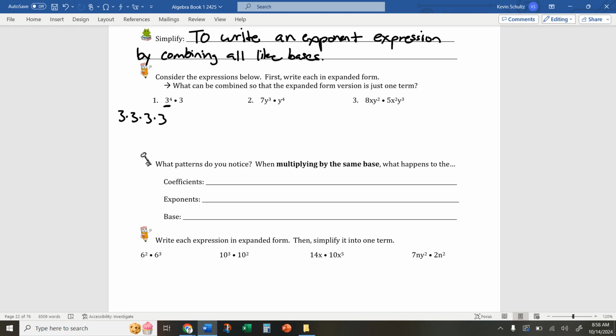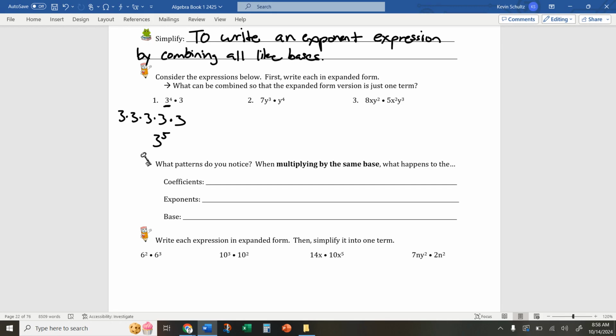And then, if we multiply that by the 3 that we have here, how can we rewrite that as one expression with one base and one power? Madden. 3 to the 5th power. Okay? So 3 to the 4th times 3 becomes 3 to the 5th.